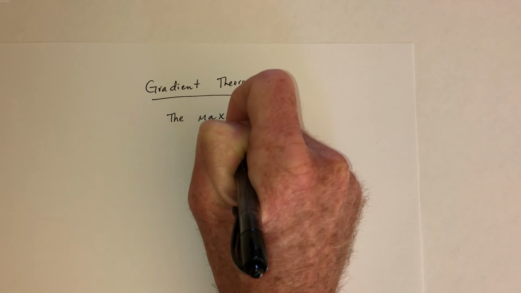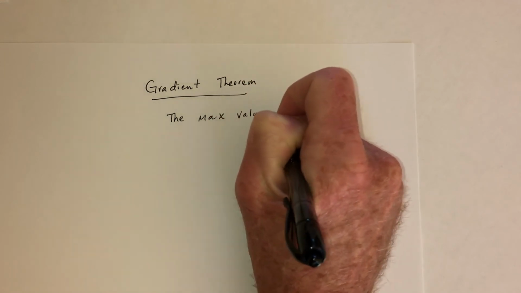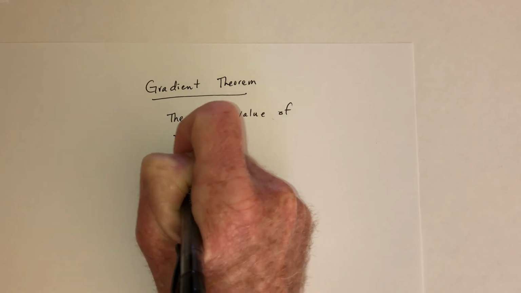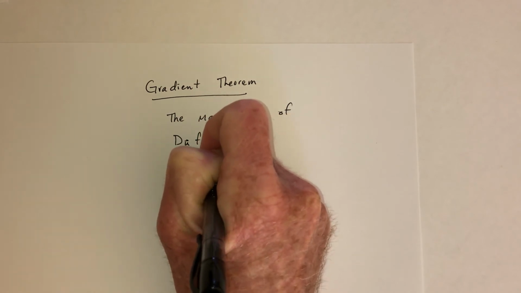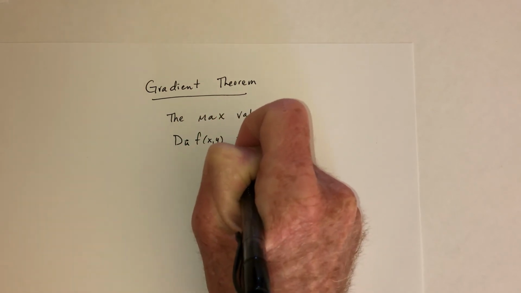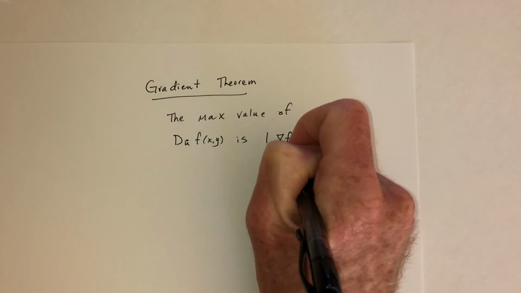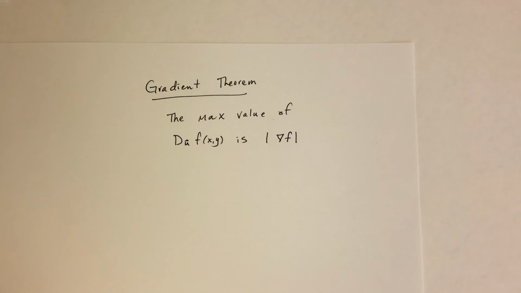So the max value of a directional derivative is the gradient. Find the length of the gradient.